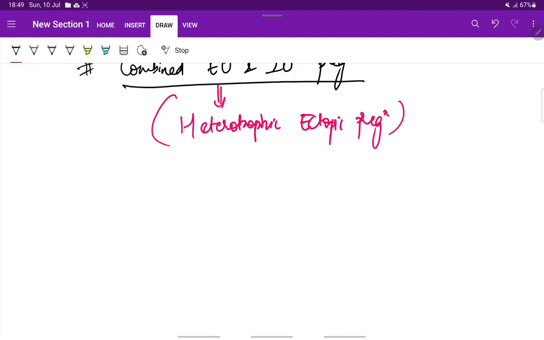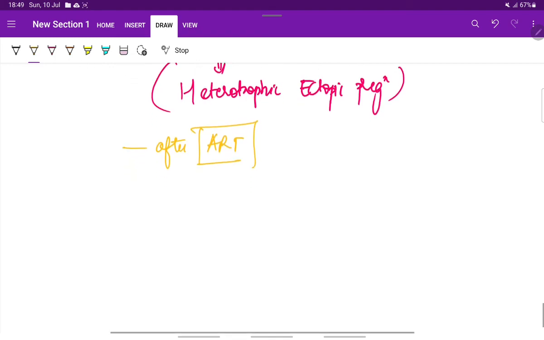This is commonly seen after assisted reproductive techniques, and it is diagnosed by ultrasound, USG abdomen and pelvis.